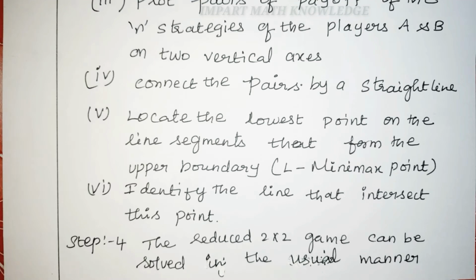That lowest point is nothing but the minimax point. Now identify the lines that intersect at this point. This reduced 2 by 2 game can be solved in the usual manner. At last, you have to find the strategies for player A and player B and the value of the game.